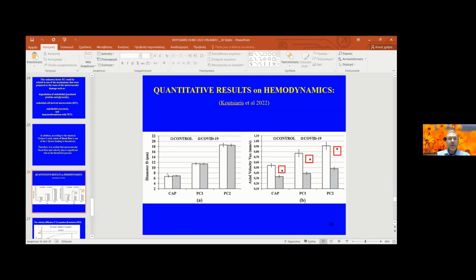So as you can see, both groups had similar diameters. But when we measure velocity, as you can see in this diagram, the difference is very high. And COVID-19 patients had a significantly lower blood velocity in comparison to the controls.